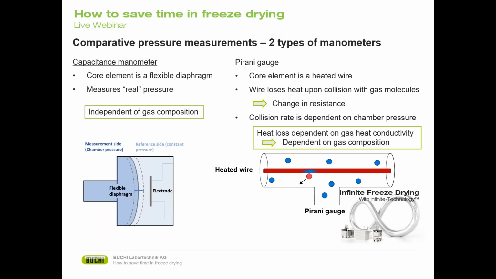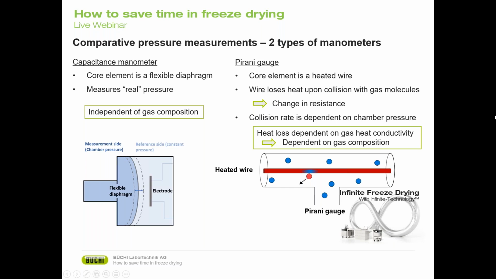Now, how does this measure pressure? Well, the collision rate is dependent on the chamber pressure, because of course the higher the chamber pressure, the more molecules we have in the atmosphere, and the higher the collision rate. What's very important though is that this heat loss, or loss of energy to the surrounding media, is also very dependent on the gas heat conductivity, and therefore it's dependent on gas composition.